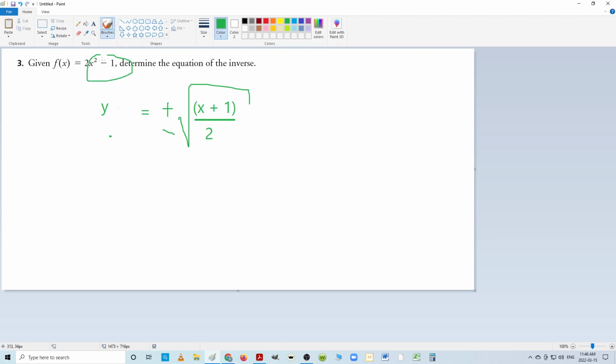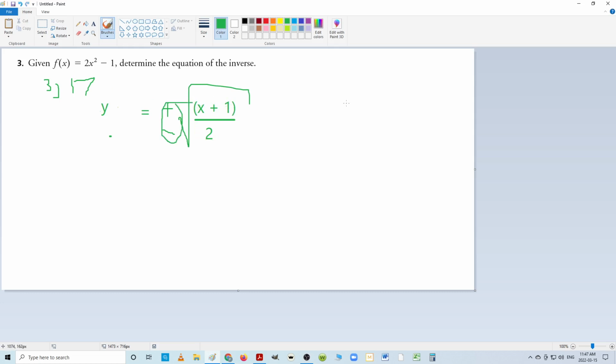But you can also see, for instance, when x is 3, 3 squared is 9. 18 minus 1 is 17. When I take 17 as the x in here, 17 plus 1 is 18. Divided by 2 is 9.